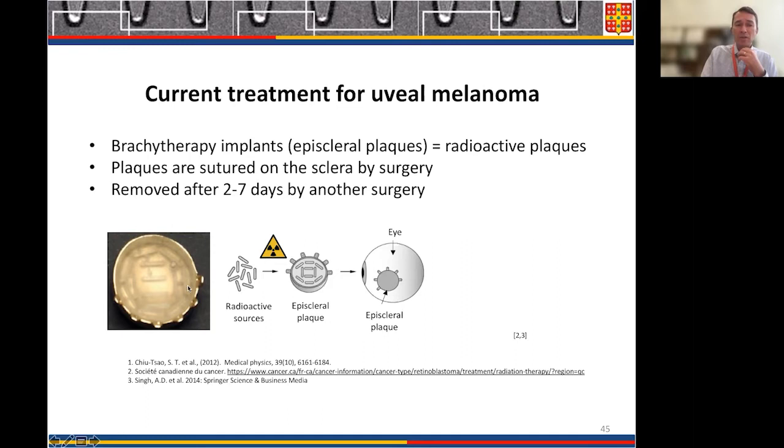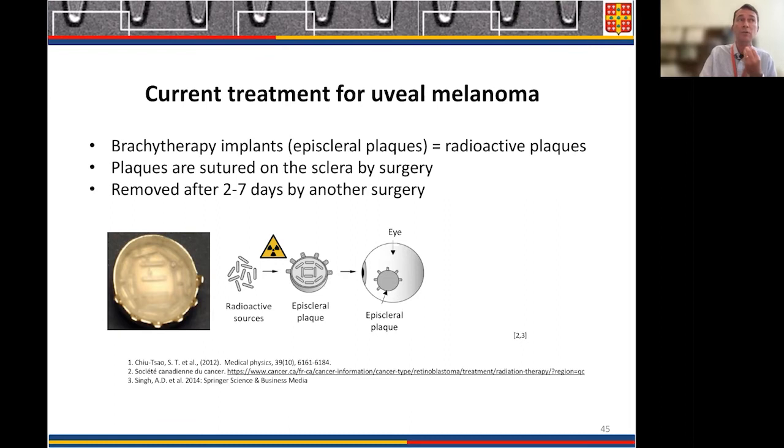And at the moment, the shape of these plaques is generic. They are made on approximations of the general geometry of an eye for a male patient of 35 years old or so. So they are really approximations of the general population. However, eyes are elliptic. The shape of eyes is very specific to each one of the patients.